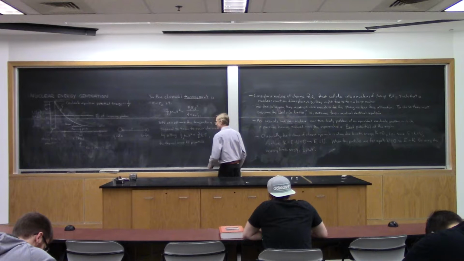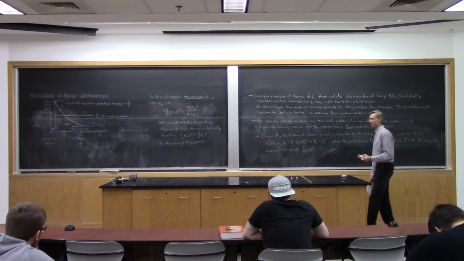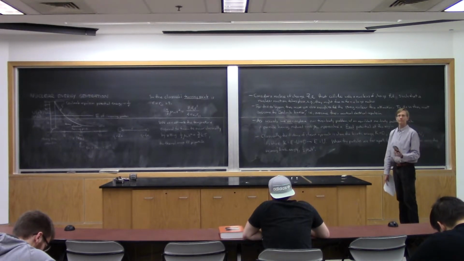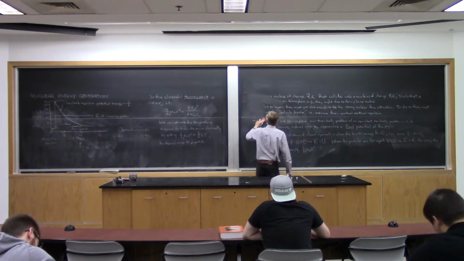Of course, it wouldn't have to be quite that hot because at any given temperature, some of the particles are moving faster, some are slower. So you could be lower than that and still have some particles moving fast enough to fuse. But we're just trying to get an estimate.